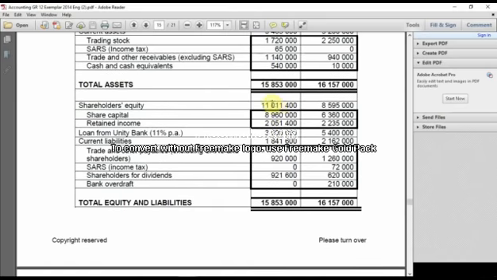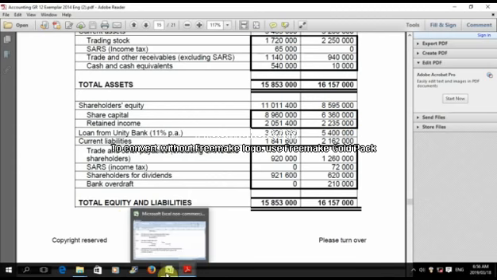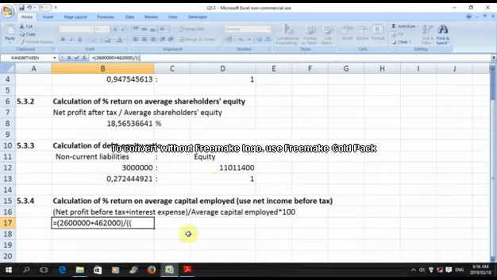So we have 11,011,400 as shareholders' equity, and then we have this loan from Unity Bank, that's a long-term loan of 3 million. So we have to add those. Then for the other year, it's the 5,400,000 loan to the 8,595,000 shareholders' equity.